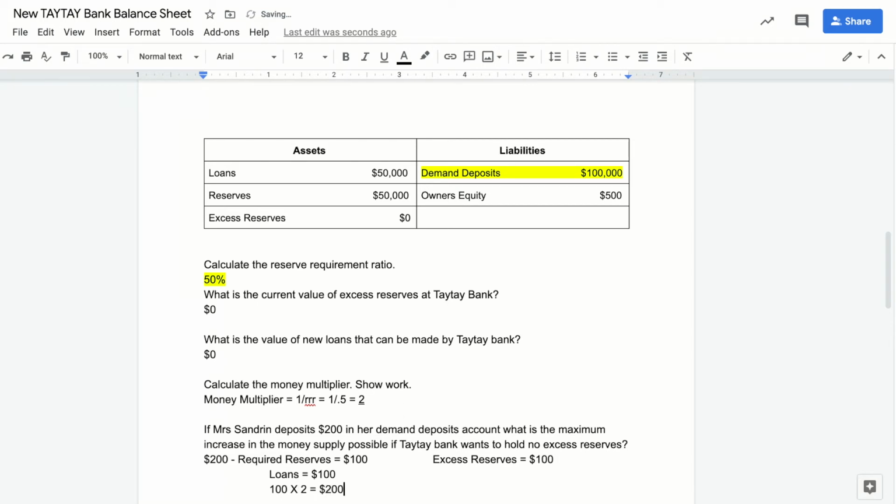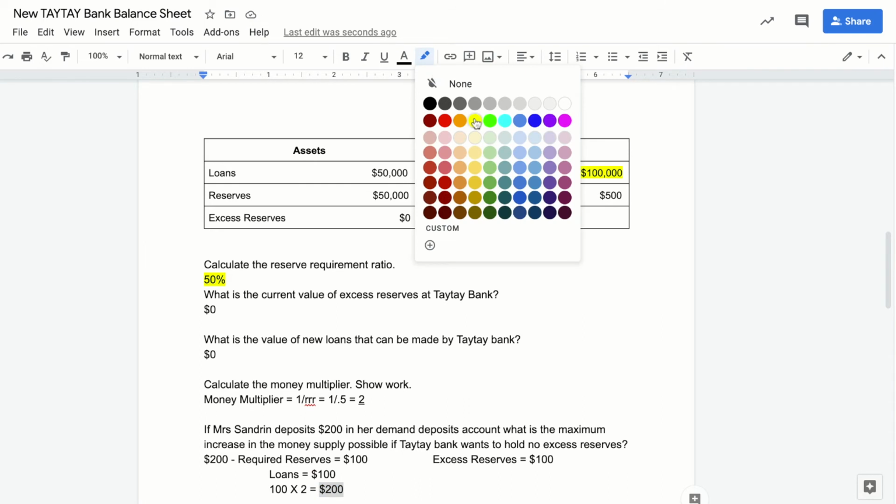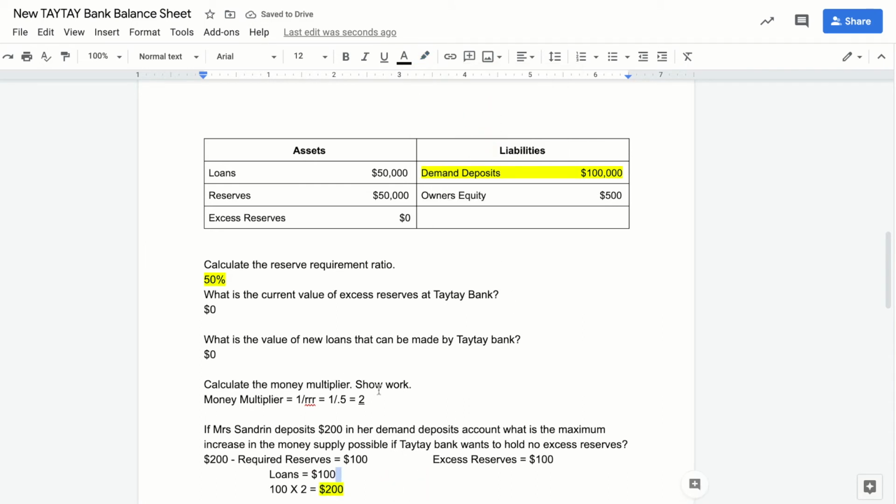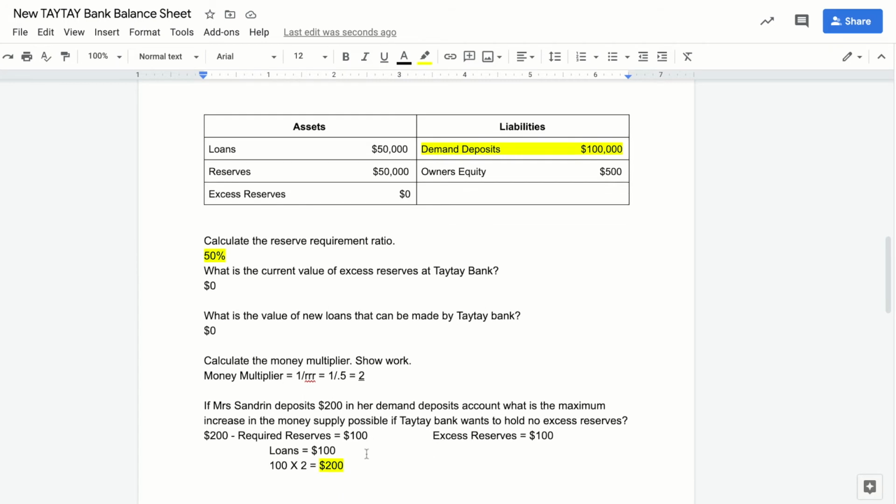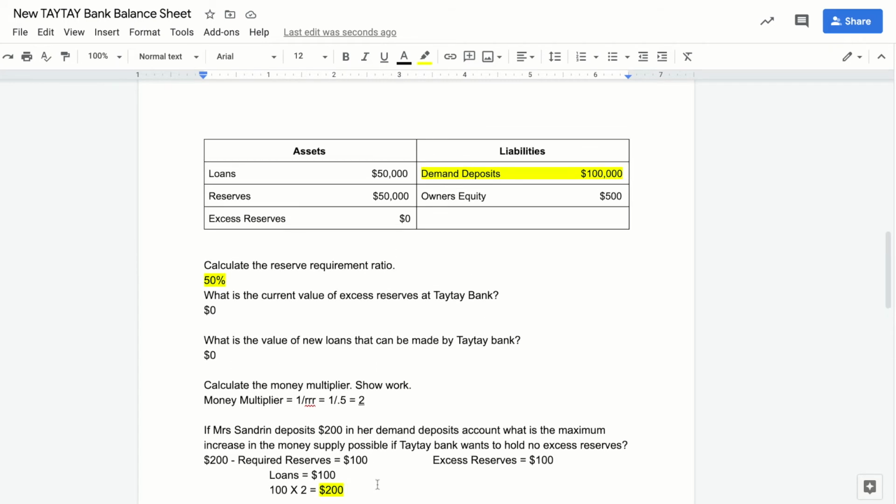So if Taytay Bank loans out every cent that we're allowed to loan out, and the money multiplier is 2 because we have a 50% reserve requirement ratio, then this deposit of $200 can turn into an increase of up to $200 in the money supply overall. Remember, a loan is the creation of new money. If everybody that takes out these loans keeps putting the money back into their checking account and banks loan out every last cent that they're allowed to, the money supply can increase by up to $200.